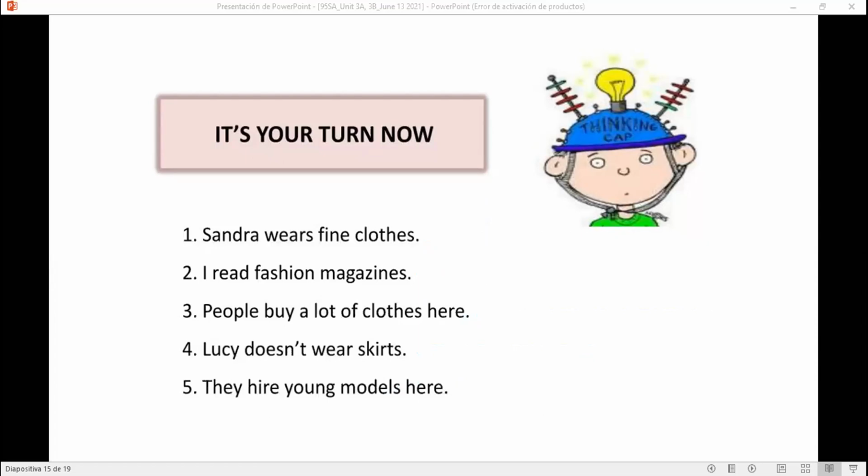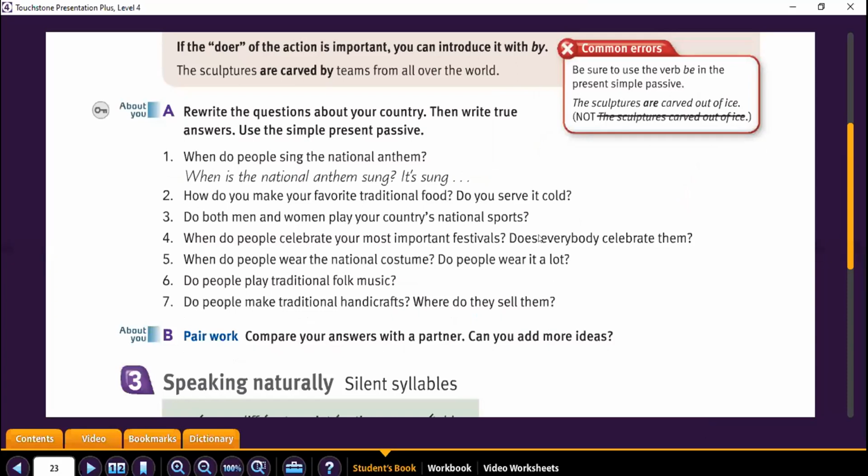So, let's see. Let's move to the next level. You're going to help me rewrite some sentences or change some sentences from the active voice to the passive voice, okay? So here we have the sentences. Aquí tenemos las oraciones. Miren, en el libro en su página 23.